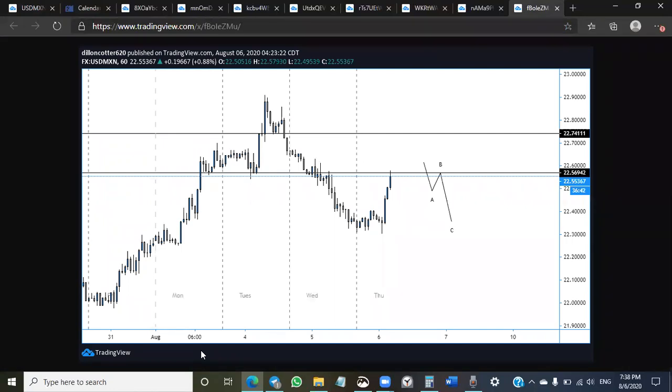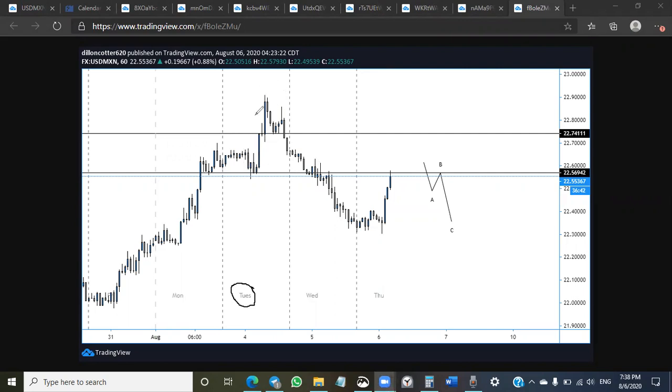So what I saw today was Tuesday right here. The market created this spike up in the market right here.